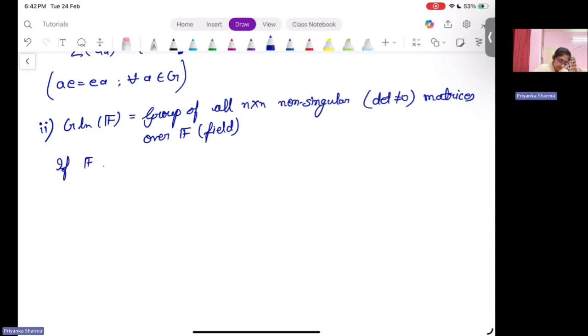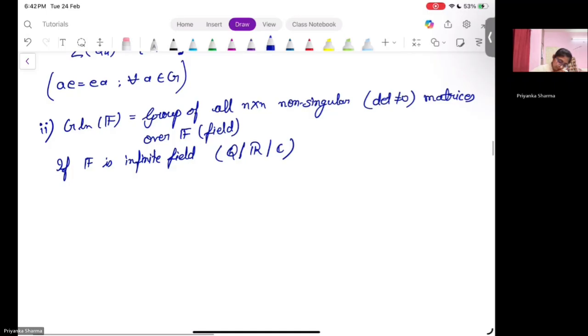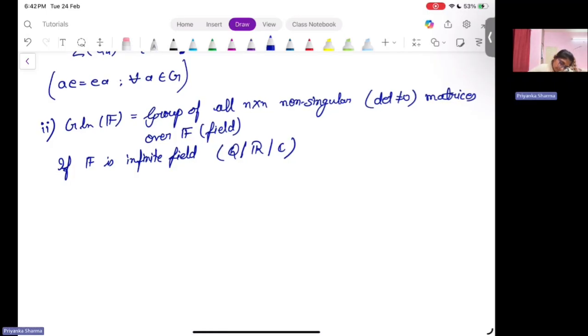If F is an infinite field, that is Q, R, or C, then we need to find the center of GLN F. That is, we need to find all those matrices which commute with every given matrix.